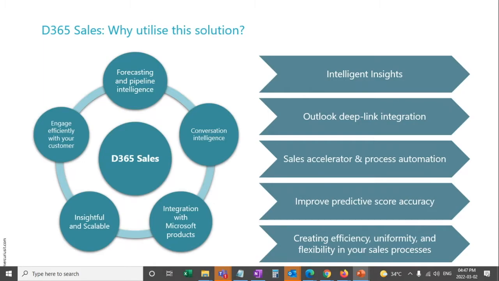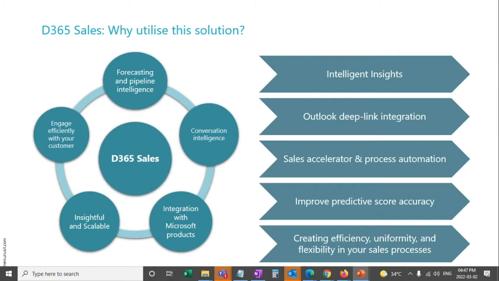It is also about creating efficiency, uniformity, and flexibility in your sales process, where we ensure that the sales team has higher efficiency in their day-to-day work by utilizing the various suggestions that the system gives in terms of their sales approach. The entire sales team is following a uniform process whenever they are interacting with the prospects.